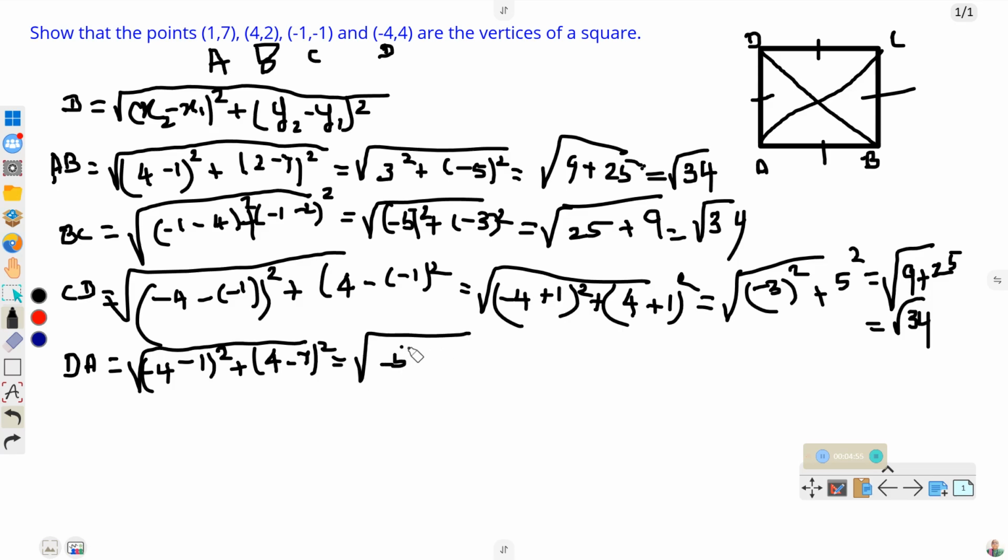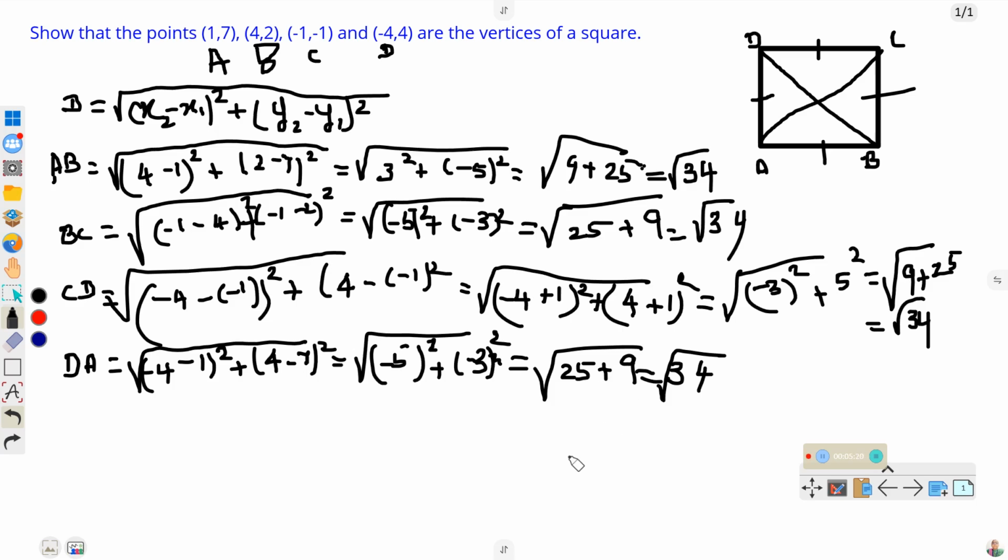This is minus 5 square plus minus 3 square, then 25 plus 9 is nothing but root 34, right? Now we find AB, BC, CD, DA, all the sides are equal.